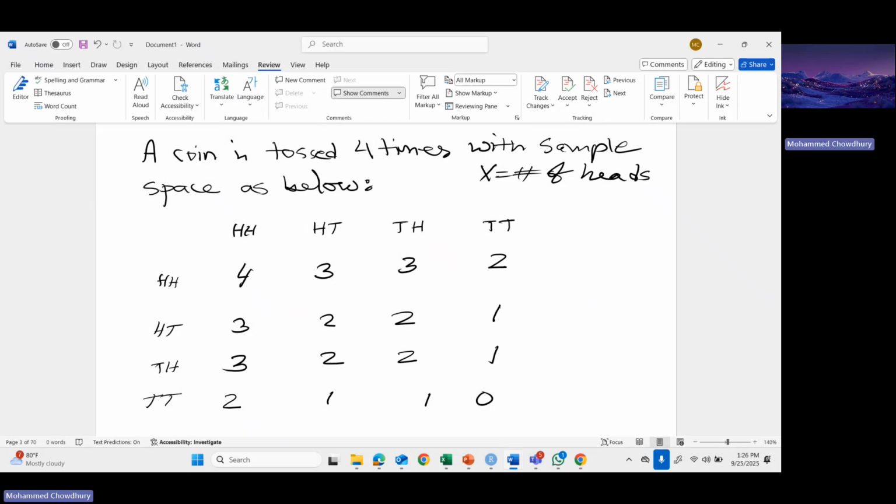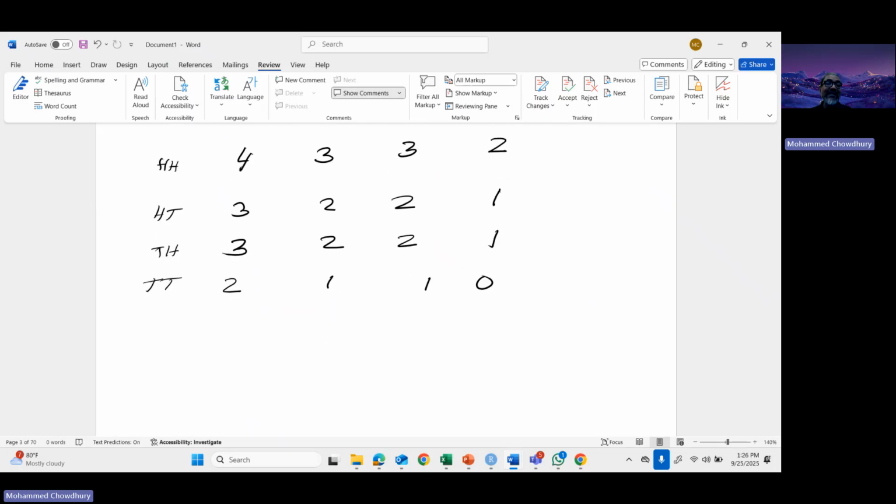So if this is the sample space, I want to compute some probabilities from there. Number 1: I want to compute the probability of exactly 0 head, equal to 1 over 16. Do you agree with that?